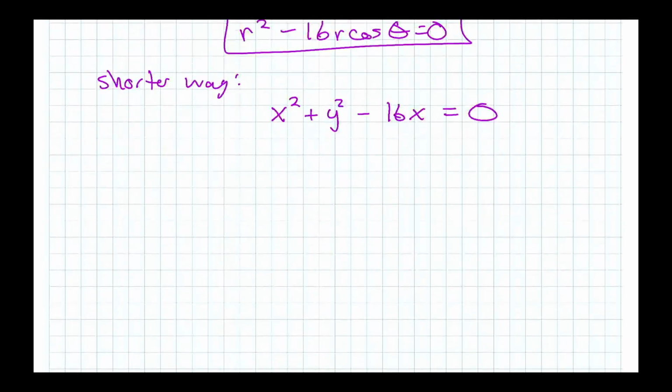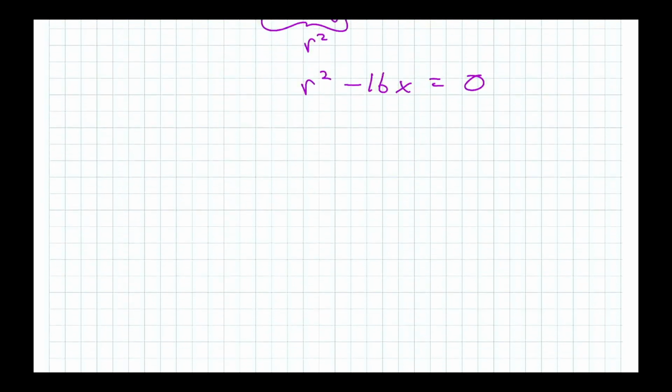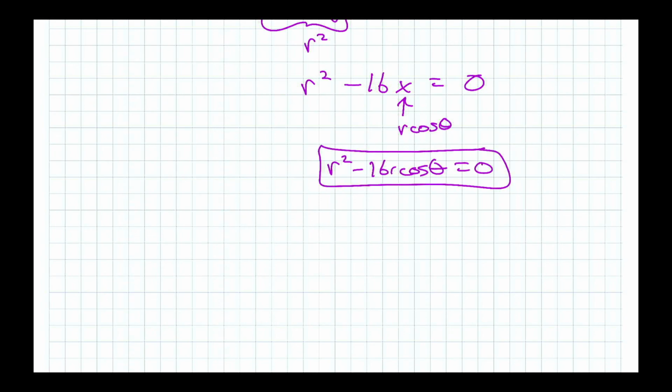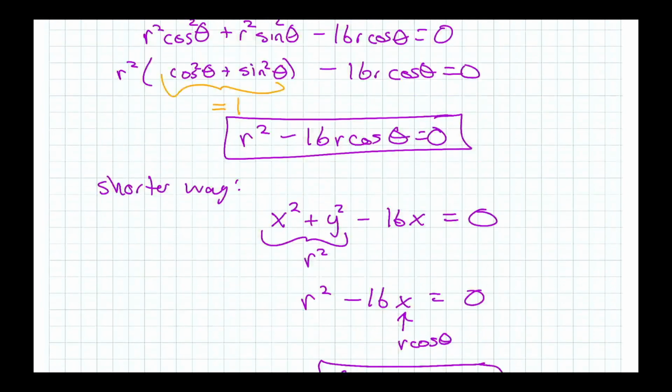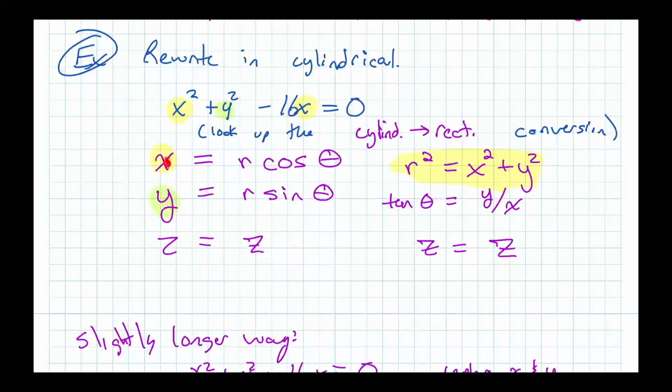So you can recognize that this is r squared. And then you can go r squared minus 16x equals 0. And then this one is r cosine theta. So you have r squared minus 16r cosine theta equals 0. And there you go. So be on the lookout for these kind of things. You have conversions for x and for y, but you also have one extra conversion that does x and y together to r. So you can recognize that when you see it.